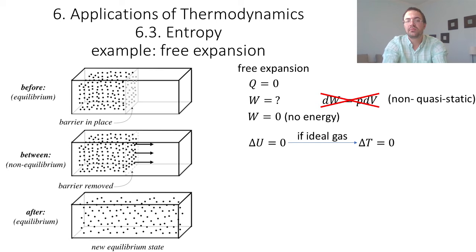But we all know that this process only happens in one direction. Right? The gas will expand to occupy the whole volume. It is not possible that the gas molecules will all go back to one side and occupy only one half of the volume. But the first law doesn't explain this. The energy is the same in both situations.